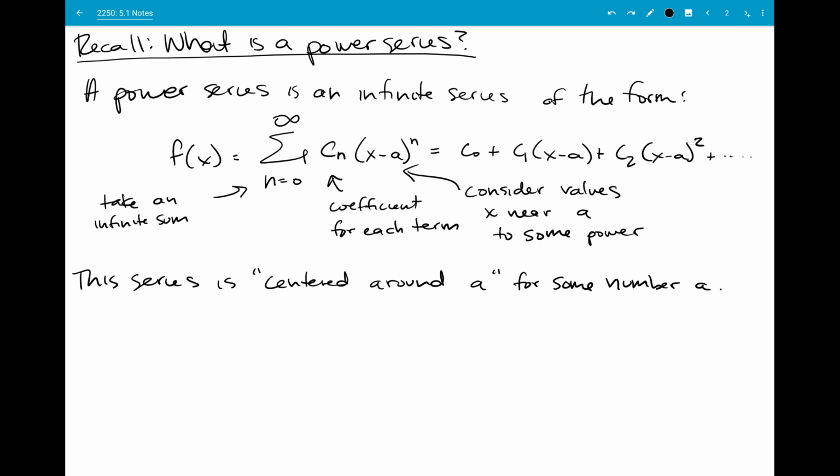And you might remember that when you learned these series, it would have been because a power series is a function of x that can approximate some functions.